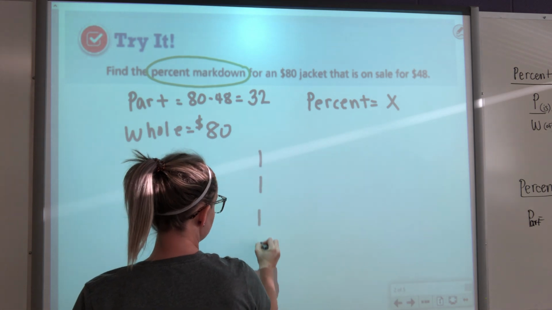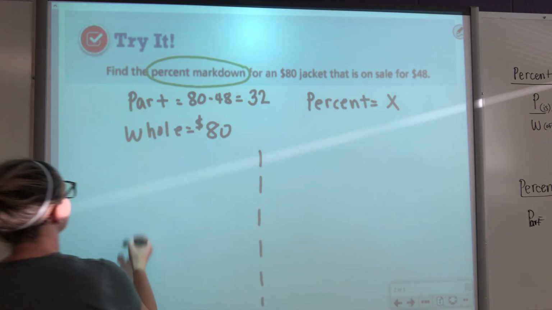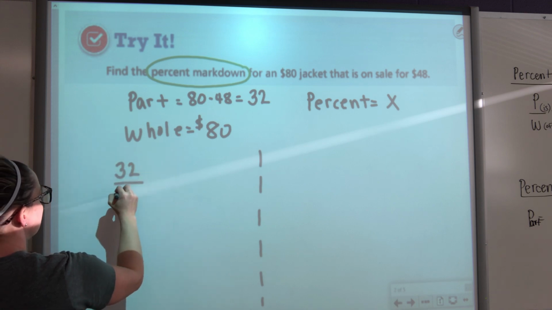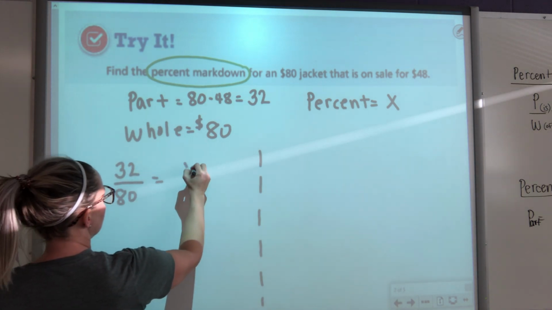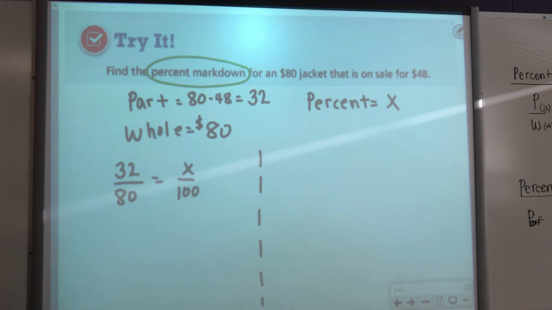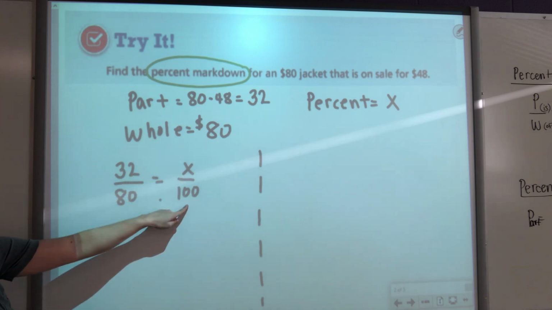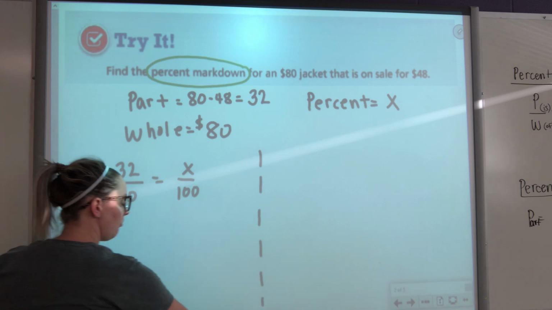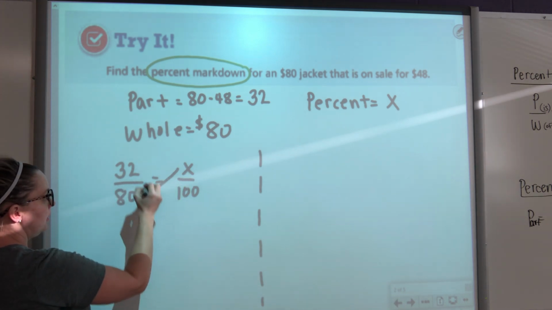Let's go ahead and solve. So there's our setup. Our part over whole is equal to the percent over 100. Cross multiply.